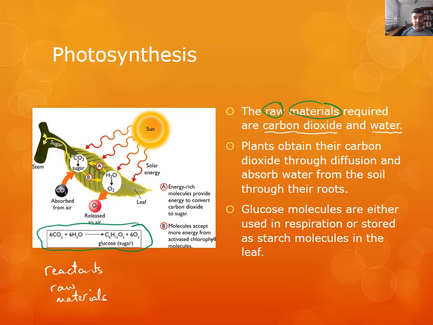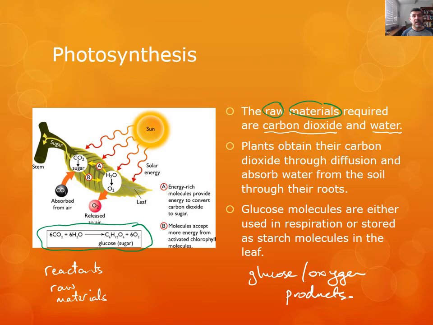Glucose molecules produced are the product, so glucose and oxygen are products of this reaction, and these glucose molecules can be used for cellular respiration, stored as starch or cellulose molecules in the leaf, and also moved through the phloem transport system to other parts of the plant.